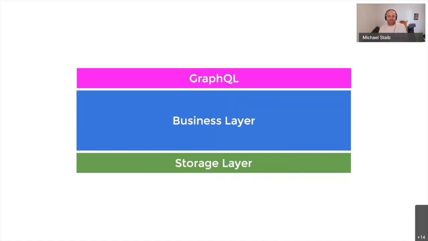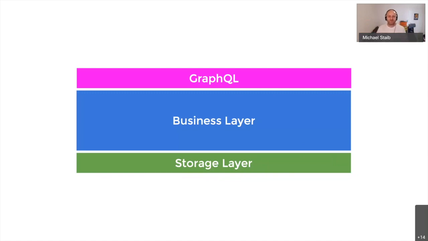It essentially lets us create this ubiquitous data graph where we can explore our business layer in a much better way than with traditional technologies like REST, where I always have to simplify my data, put it in serializable objects.